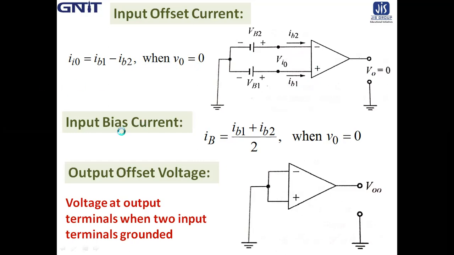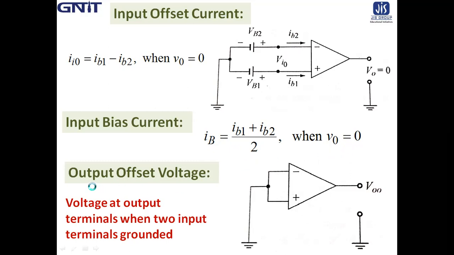Next is input bias current. Input bias current is the average of the input currents that flow into the inverting and non-inverting input terminals of an op-amp. So it is just the algebraic average of the input currents. So IB is represented as IB1 plus IB2 by 2 when V0, the output voltage, is 0.